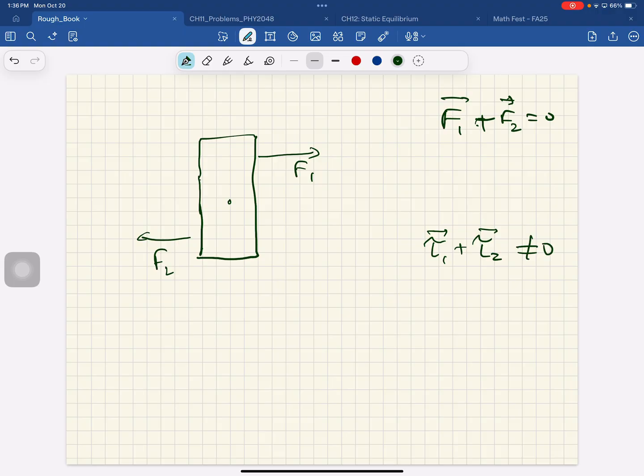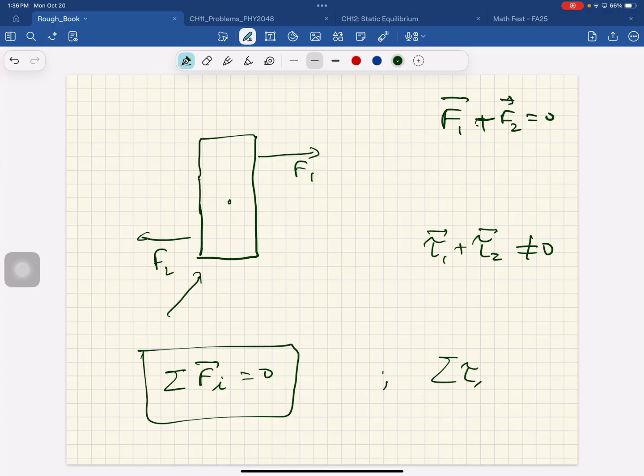Okay. So for an extended object, to be in equilibrium, you need these two conditions. The sum of all the forces acting on the object should be 0, and the sum of the torques of all these forces need to add up to 0. And these are the two conditions you need for static equilibrium.